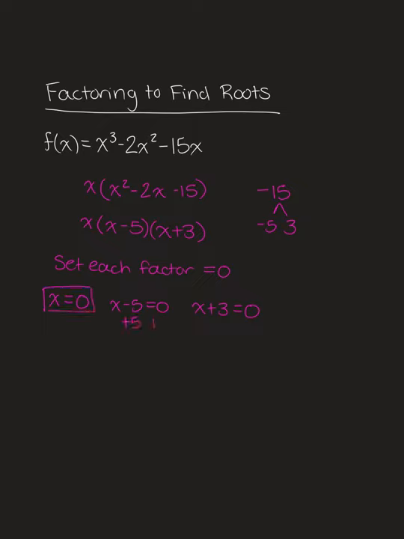X minus 5, if you add 5 to both sides, you will get x is equal to 5. That's the second root. X plus 3, subtract 3 from both sides, and you will get x equals -3. So your roots are x equals -3, 0, and 5. So that's how you find your roots by factoring.